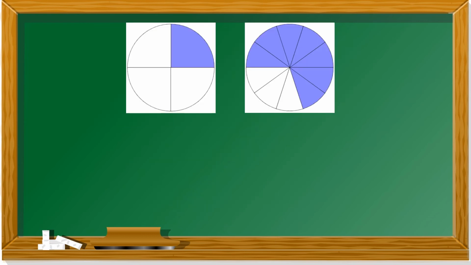How about this one? The diagram on the left, how many parts? 4. Shaded part is 1, so it's 1 over 4. How about the one on the right? Count how many parts first.